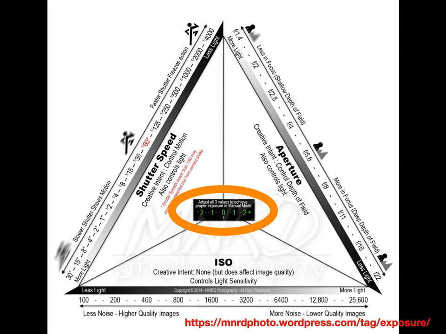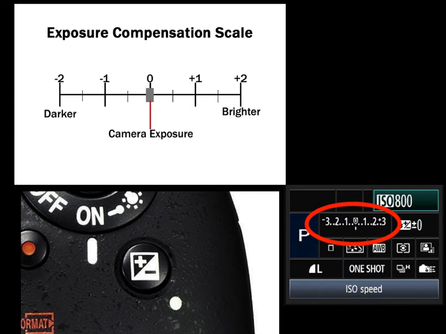And so it's up to you, if you're working in manual mode on your camera, to either go above or below that zeroed out setting on the light meter, or if you're in aperture or shutter priority mode, it automatically chooses to go to 0, and then you can use what's called exposure compensation, which usually cameras have a little button that has a plus over minus, as you see in the lower left image, that you push, and then you'll turn a dial, either on the front or on the back of the camera.